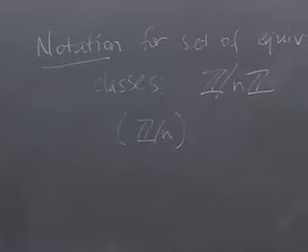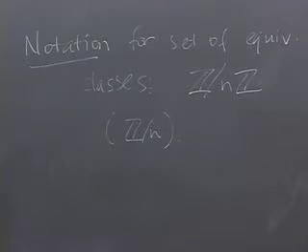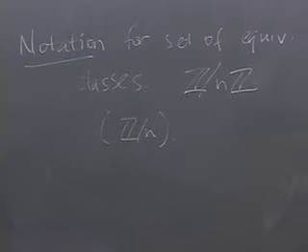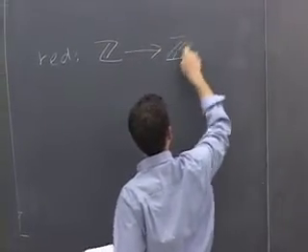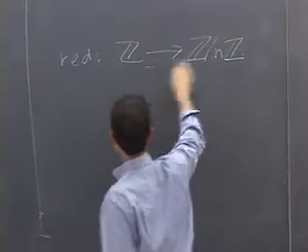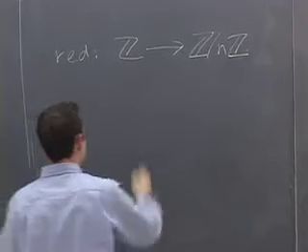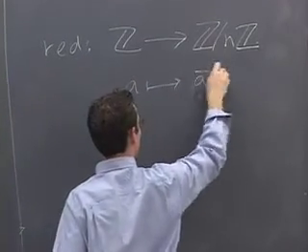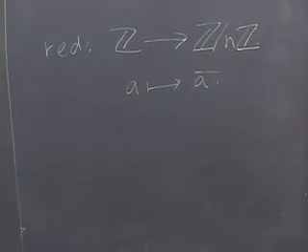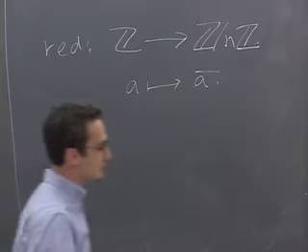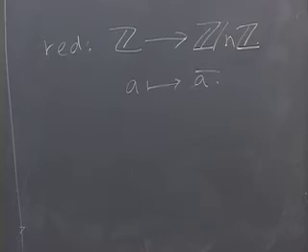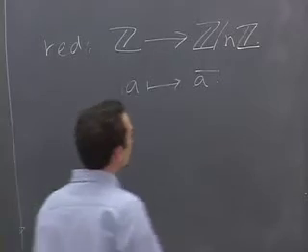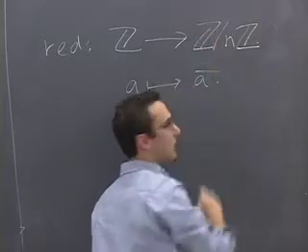So what next? Well, again, following what we saw last time vis-a-vis equivalence relations, there is a natural map from Z to Z mod nZ that takes a to its equivalence class, and the fibers are the equivalence classes themselves. But what we're about to do is put some additional structure on Z mod nZ.